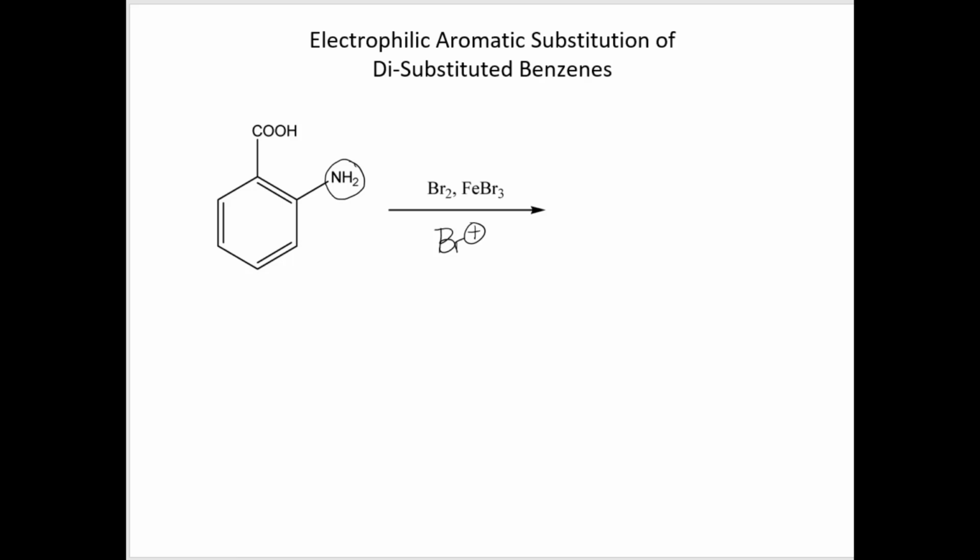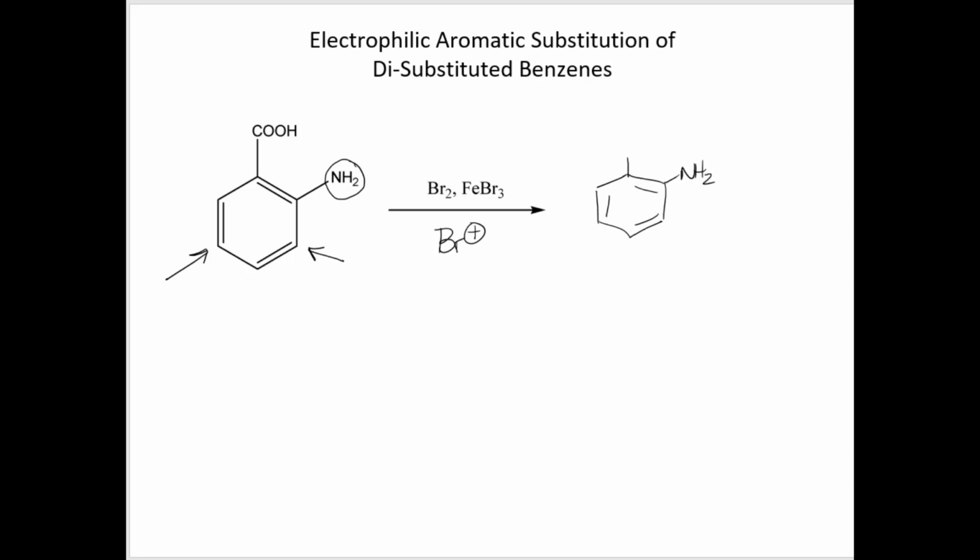What kind of director is it? It's an activating ortho-para director, so it's going to direct the bromine to go there and there. And anywhere there is a substituent, we can't put a group. So this ortho position over here is blocked. And so we would end up with 2 different products.